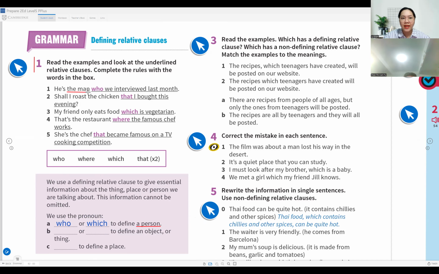The first one, the man. So we use who for a person. And then if you talk about where, let's look at it. Where refers to the restaurant in example number four. But the restaurant isn't a person.